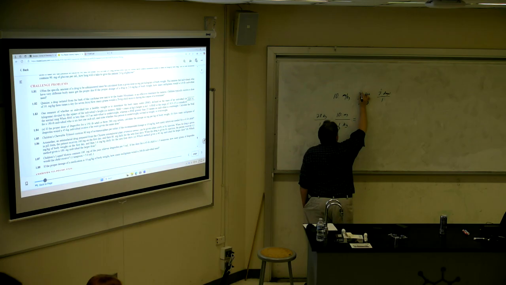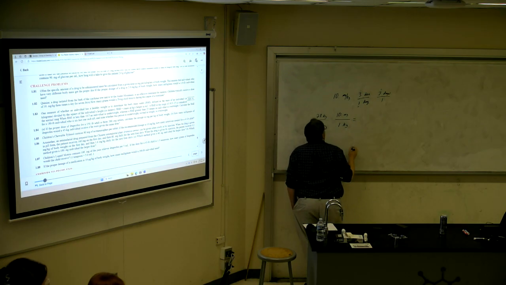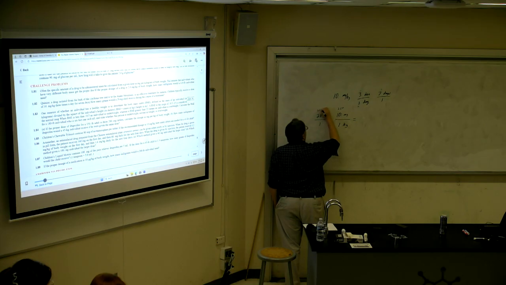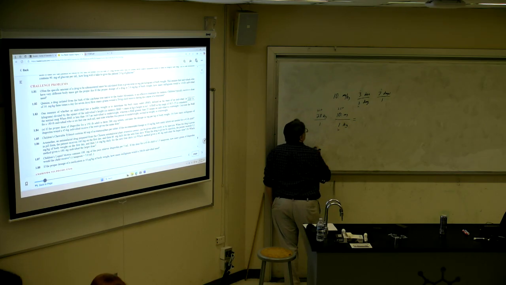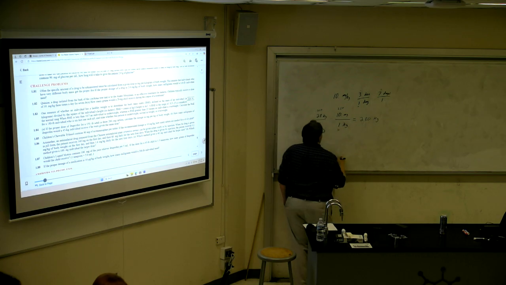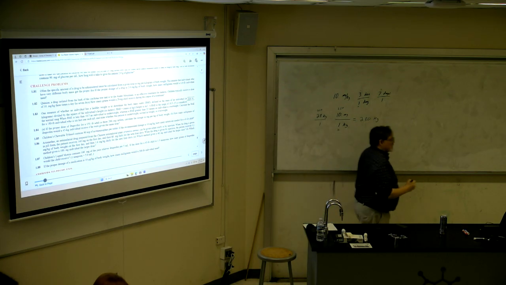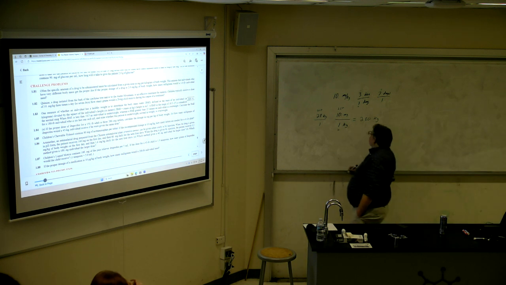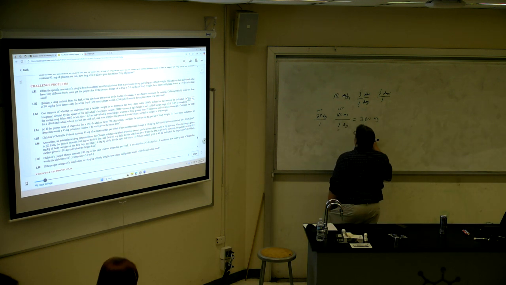All right. These are exact. 7 days exactly, 3 doses in 1 day exactly. This is 2 significant figures, this is 2 significant figures. That's exact. I'm not going to get the answer to this one. I'm doubting myself here.